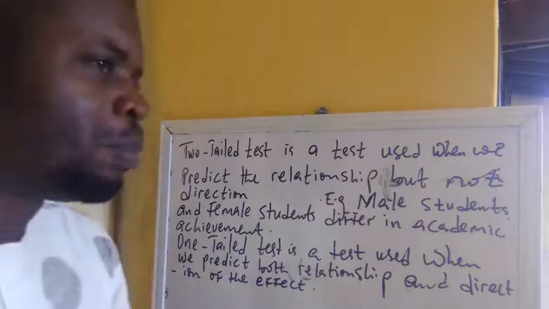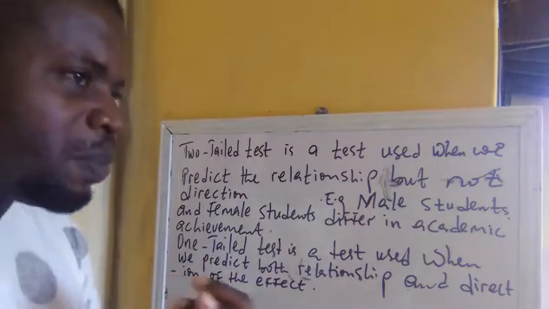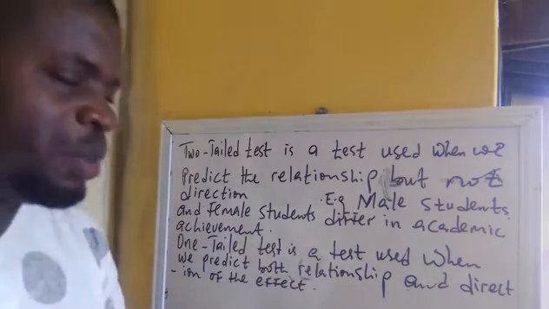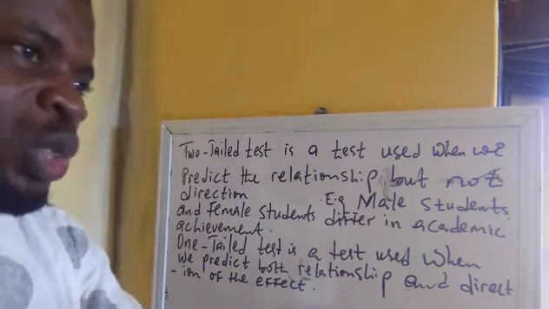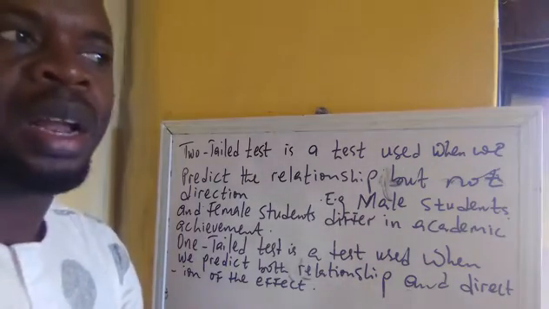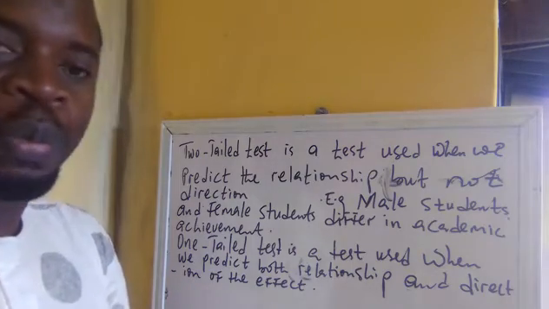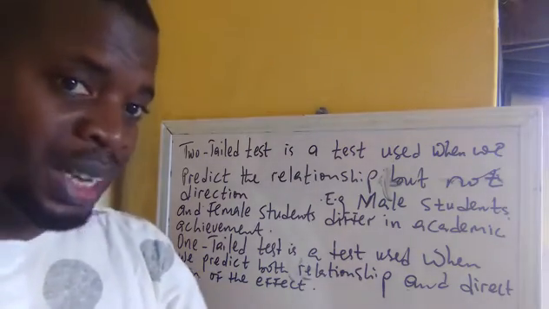Now I'm stating the difference and I'm also stating the direction. I'm stating the effect now. With this statement I've made, that male students have lower academic achievement than female students, it shows that they are different, number one.